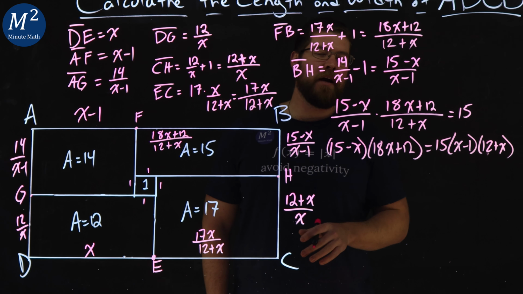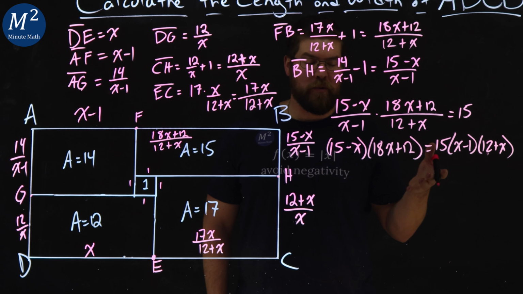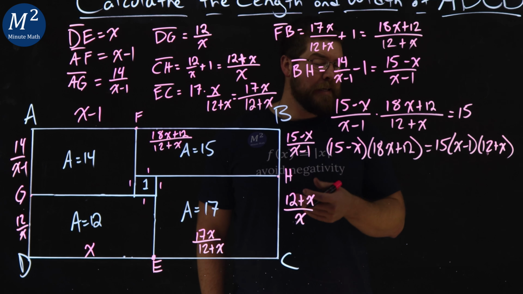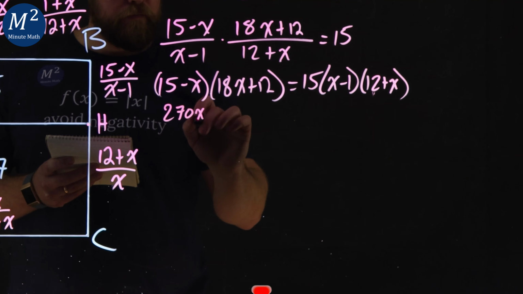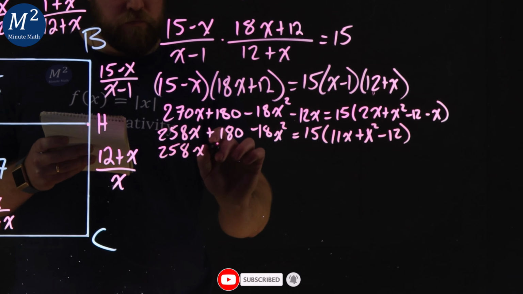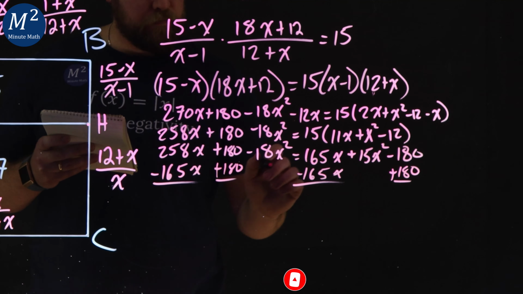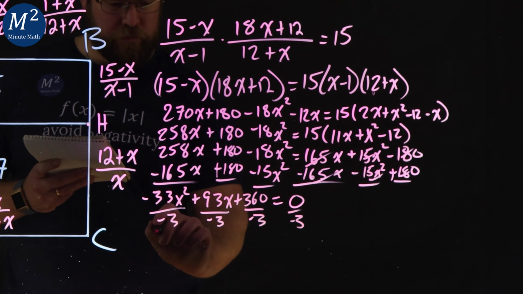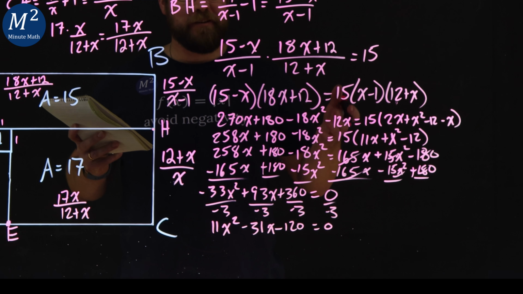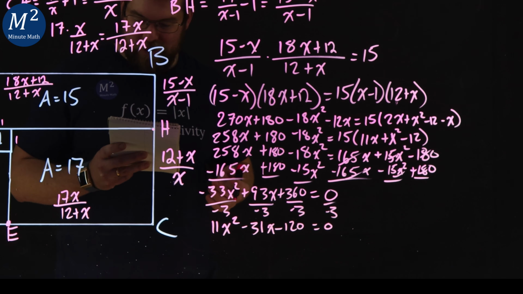All right, now I'm going to do some of this work here to solve for x, but I'm going to fast forward so I'm not just boring you by solving for x. So you can follow along in this little speed up montage. So we have 11x squared minus 31x minus 20 is equal to 0 when we simplify all of that.